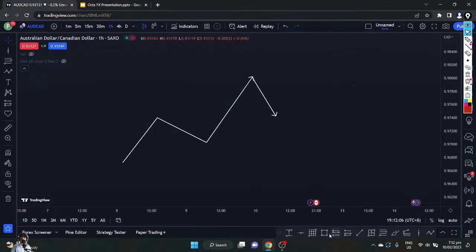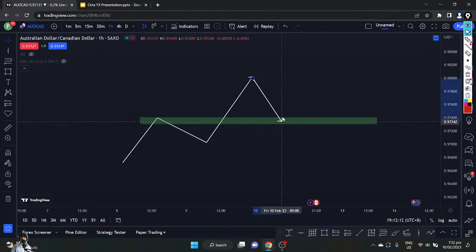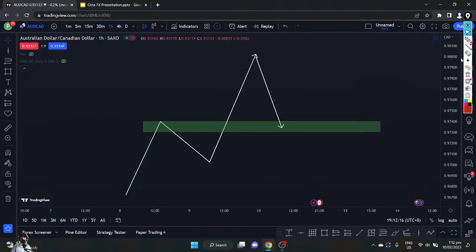But keep in mind that the long-term trend is still an uptrend, and we might see a pullback into the support. And then let's say you have a short position right here, then the price went down to this level.